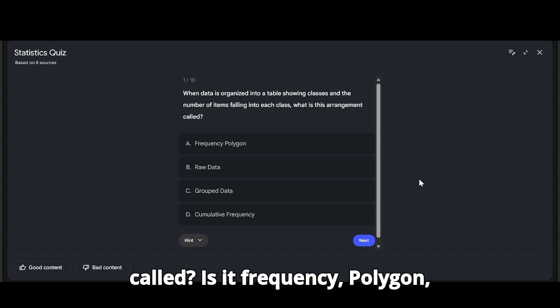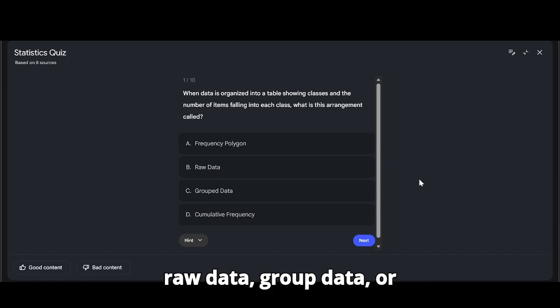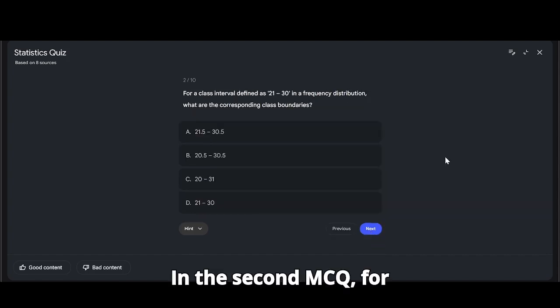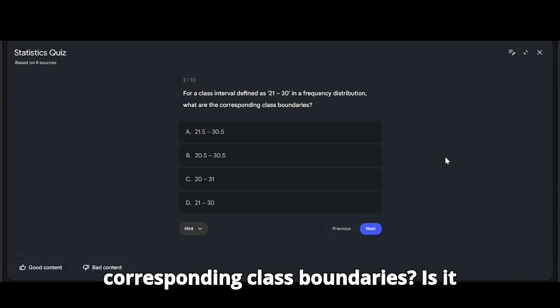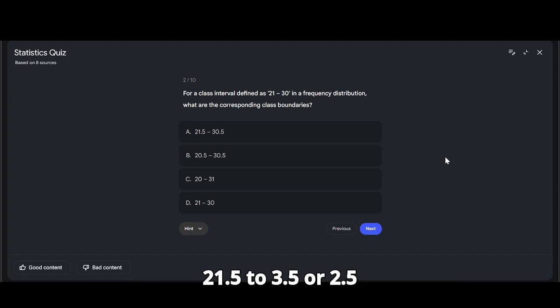Is it frequency polygon, raw data, group data, or cumulative frequency? In the second MCQ, for a class interval defined as 21 to 30 in a frequency distribution, what are the corresponding class boundaries? Is it 21.5 to 30.5, or 20.5 to 30.5, 20 to 31, or 21 to 30?